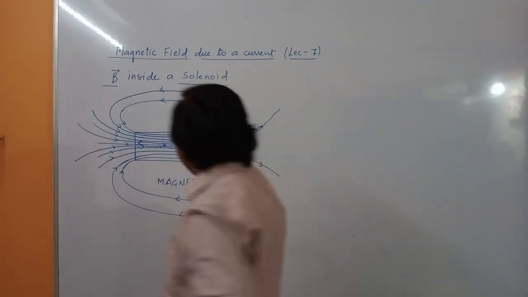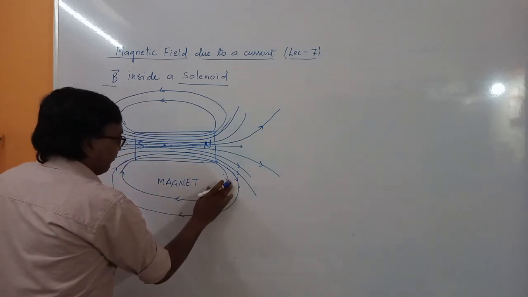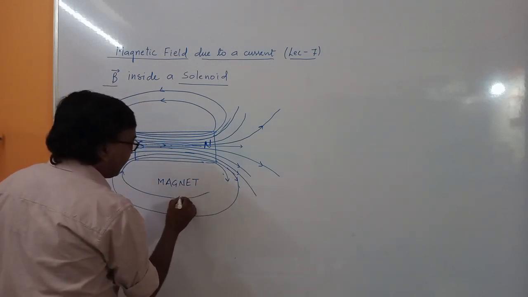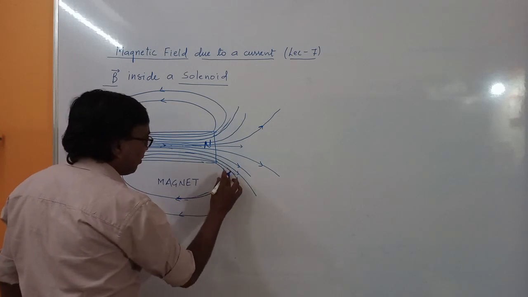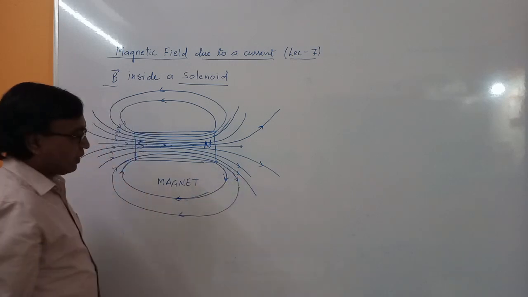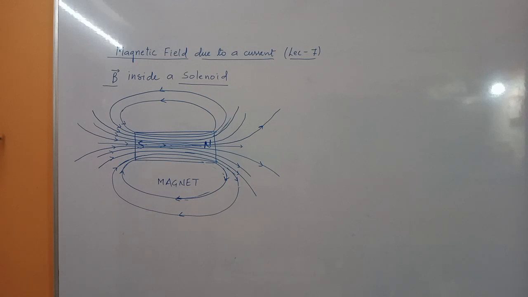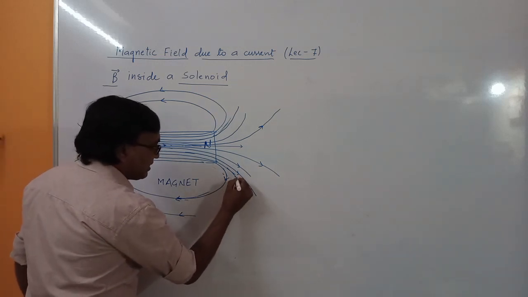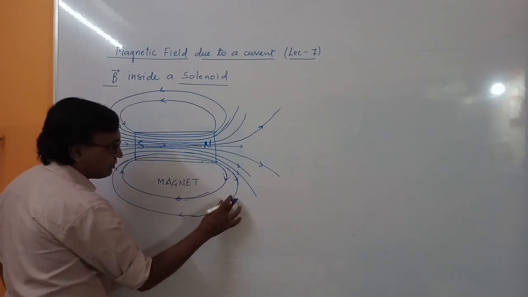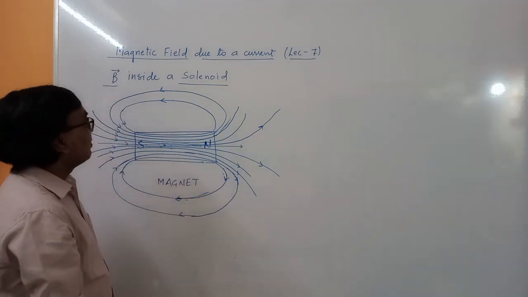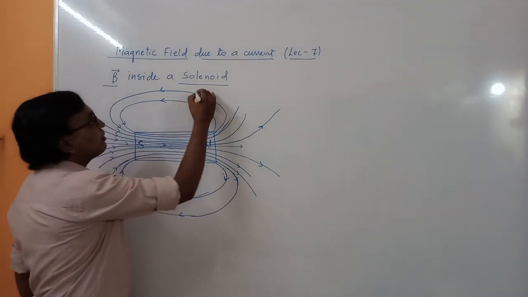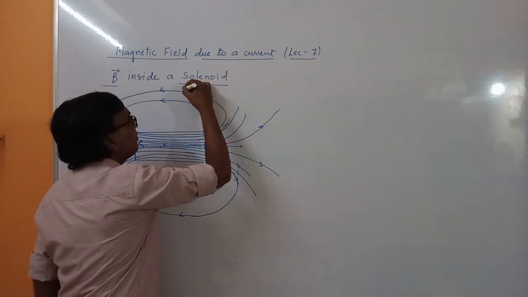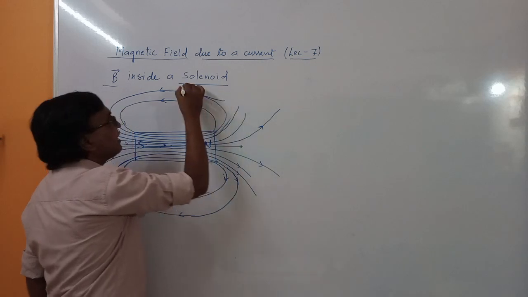So now if we need to find out the direction of magnetic field on this line, then you draw a tangent at that point. Suppose I want to find the magnetic field at this point, then the tangent drawn at this point will give you the direction of magnetic field.